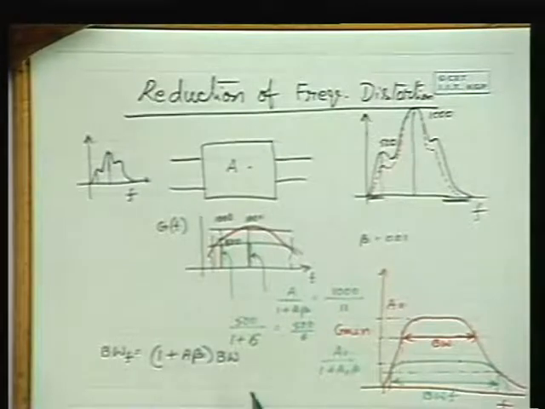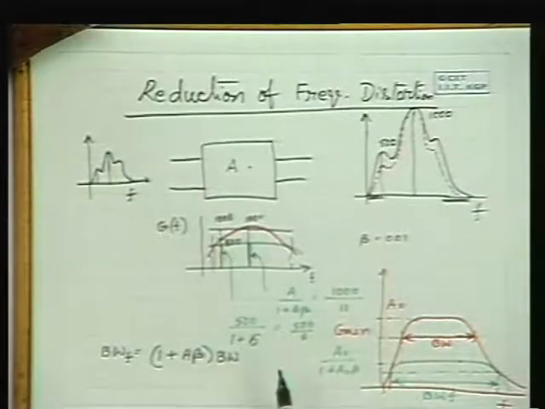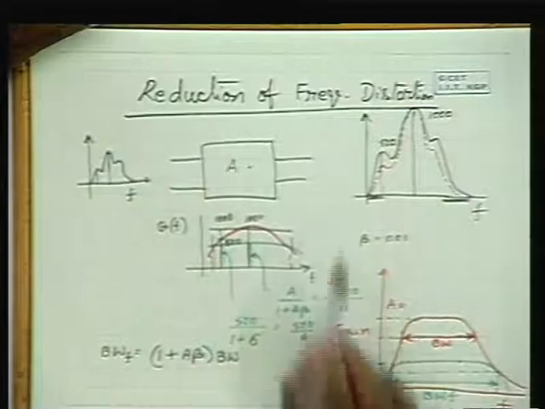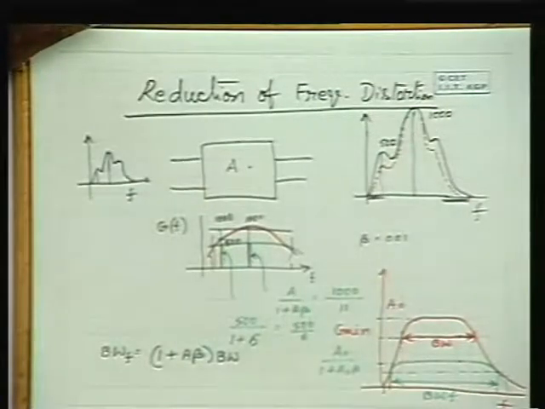If 1 plus A beta is 10 or 11, as given in this example, the bandwidth will increase by 11 times. So these two are related: how frequency distortion is improved and how bandwidth is improved.